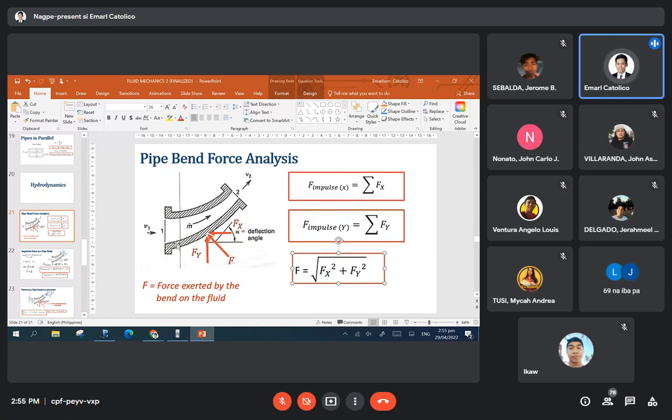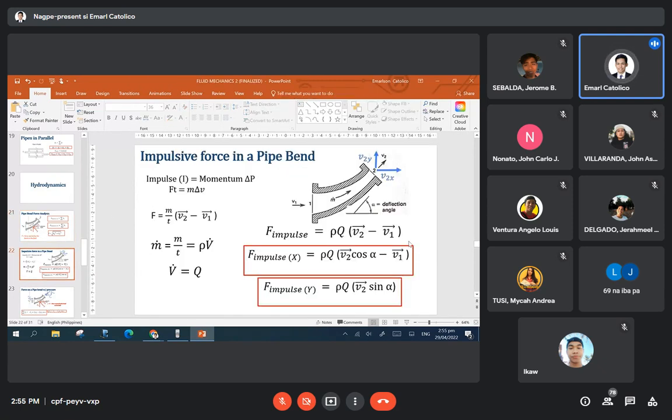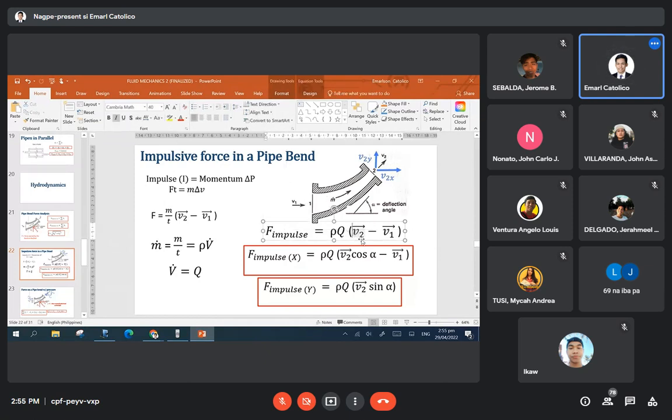So to elaborate yung formula, ito yung formula na gagamitin natin. Okay? So formula ng force impulse is density times volume flow rate times V2 minus V1. Okay. So saan nanggaling yan?